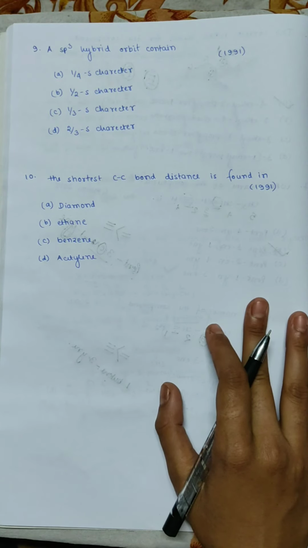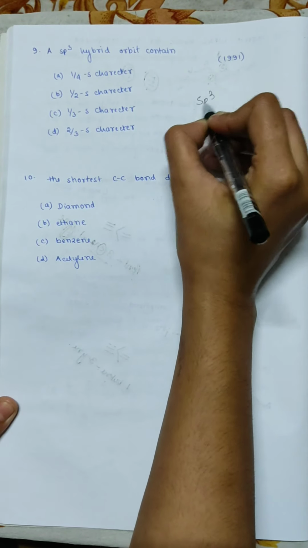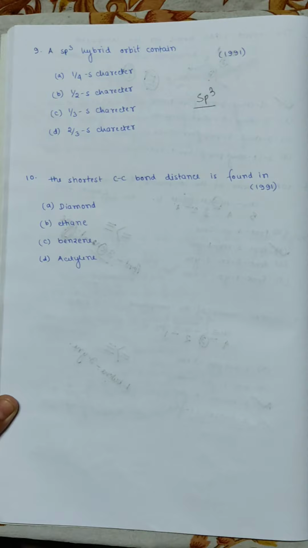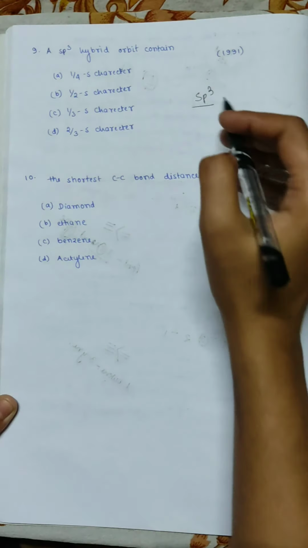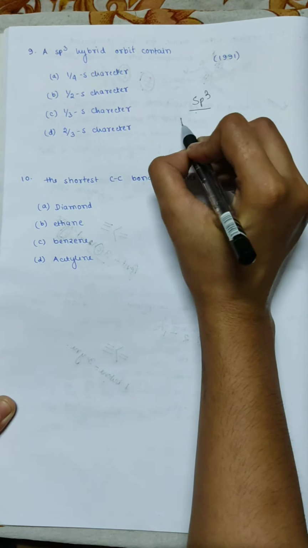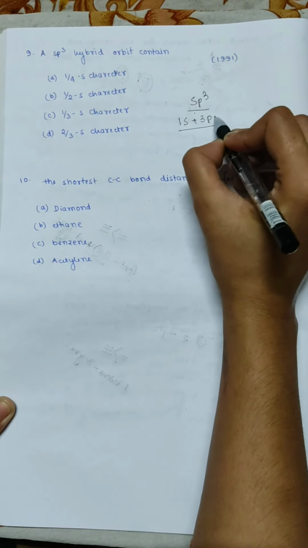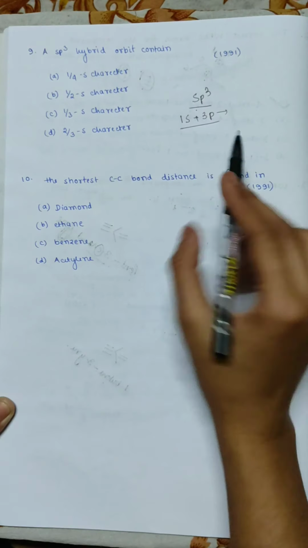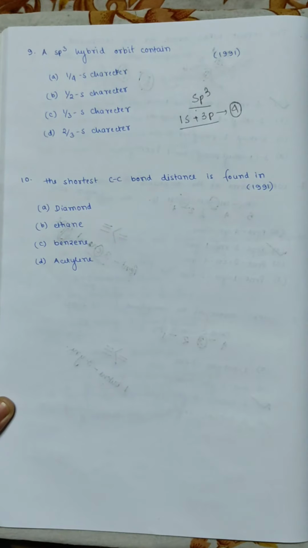Now in case of an sp3 hybridized orbital, we can remember how much s character is contained by any hybridized orbital. We have an easy rule for that. In case of sp3 there is one s orbital and 3 p orbitals. So we can count 1 plus 3, there are a total of 4 orbitals.